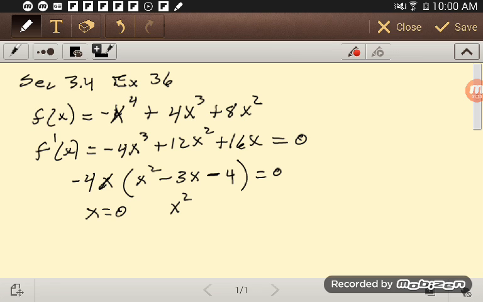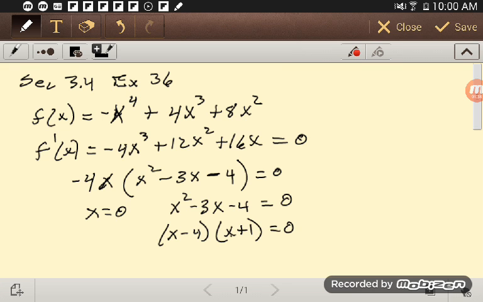Another possibility is x squared minus 3x minus 4 could be 0. So can I factor that? Well, if I can, I've got something like x minus 4 and x plus 1. And does that work? I get a minus 4x and a plus x. That's minus 3x.